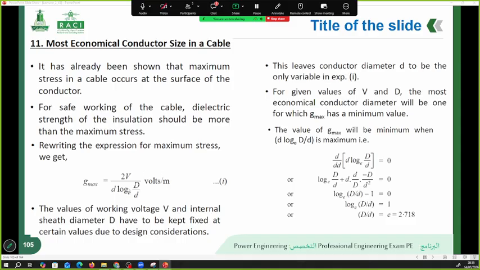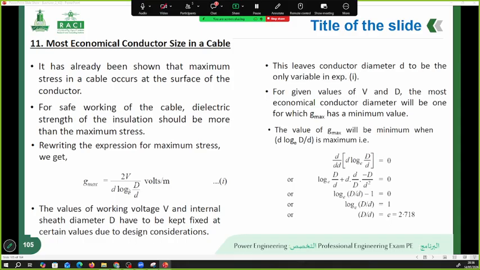So the most economic conductor diameter is the one that results in the minimum possible value for G maximum. This is because a lower maximum stress allows for less insulation material, reducing the overall cost of the cable.